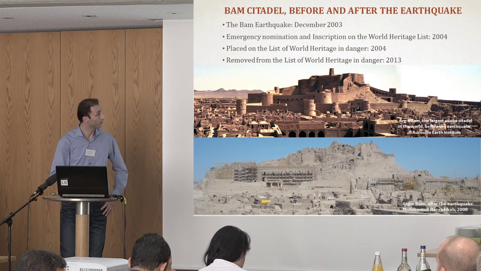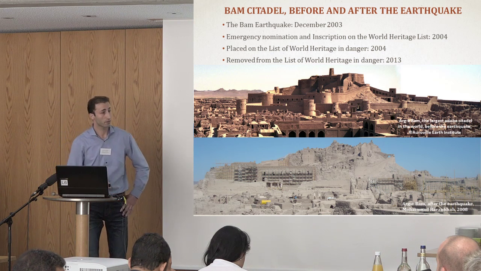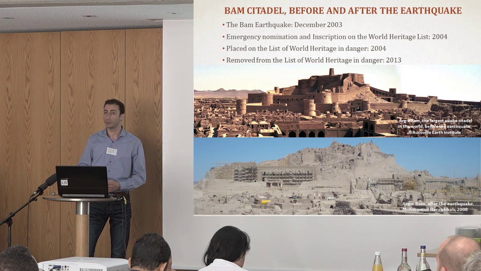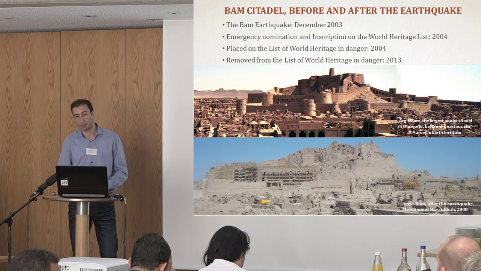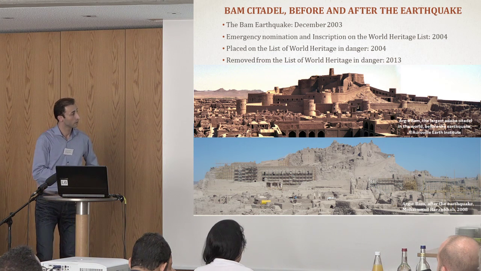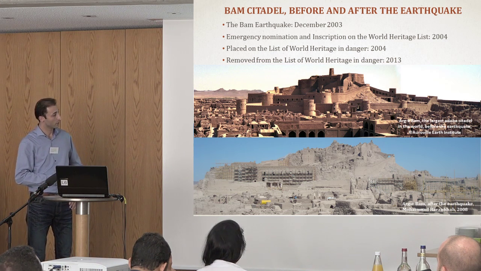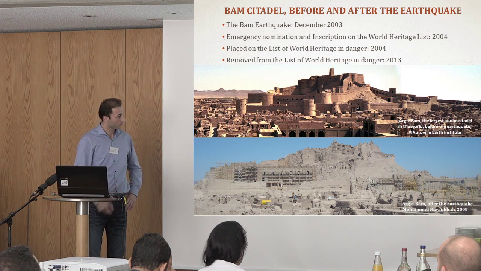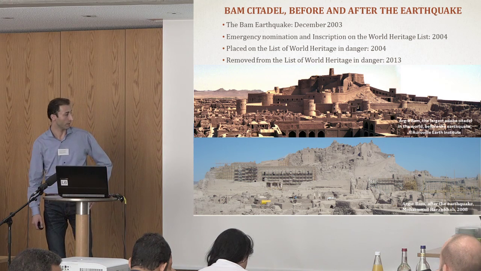And I think 2 years ago, it was removed from the endangered list after some retrofitting measures and restoration projects. You can see here, this is the picture before the earthquake, and it shows the picture in 2008, 5 years after the earthquake.